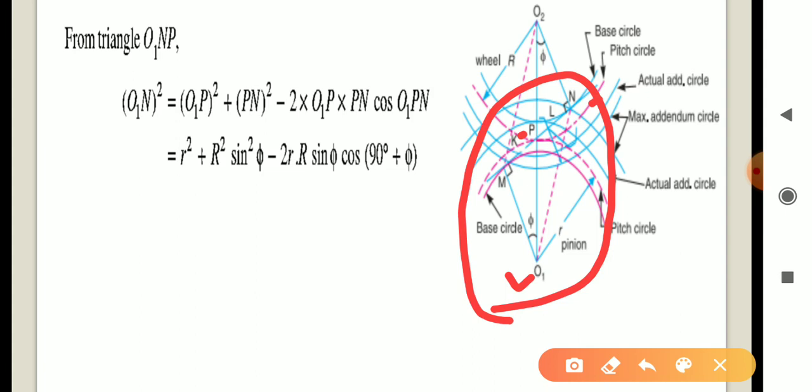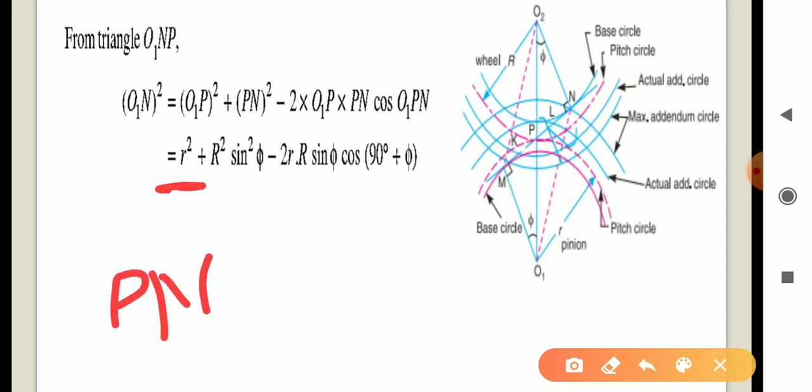From this triangle O1NP, we have to find O1N square. Now O1N square is equal to, by using the Pythagoras theorem, O1P square plus PN square minus 2 times O1P into PN into cos of angle O1PN. This angle will be here.